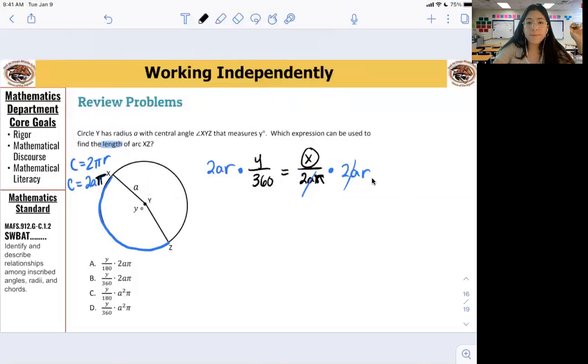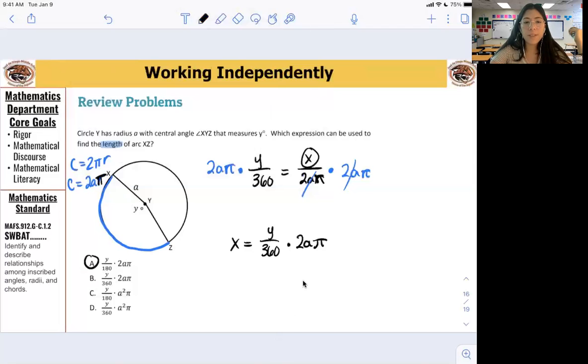Thank you, Rios. And at the end, they cross out and we're left with x equals y over 360 times 2a pi, equals negative b plus or minus square root of b squared minus all over 2a. So it is A.